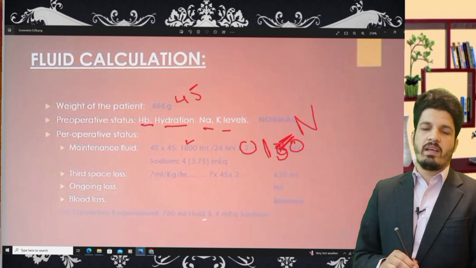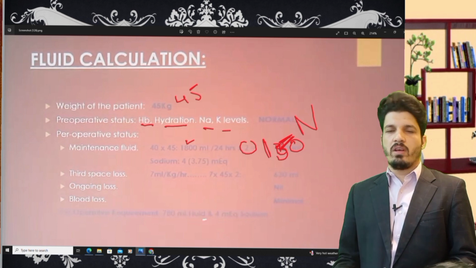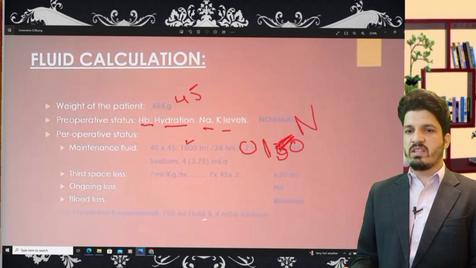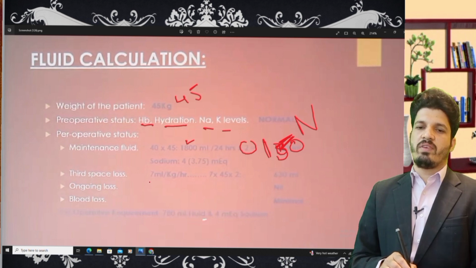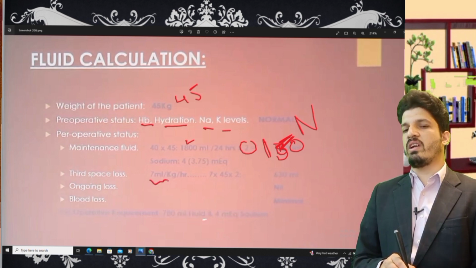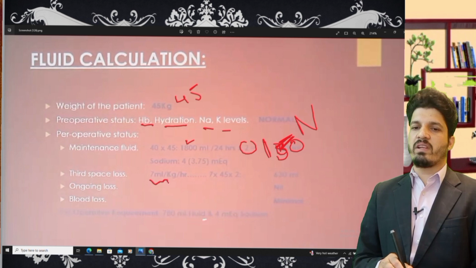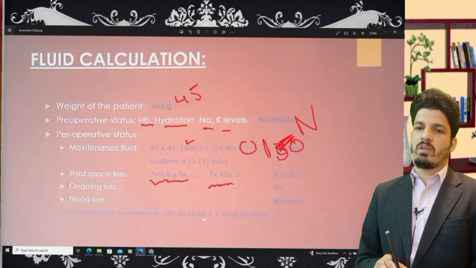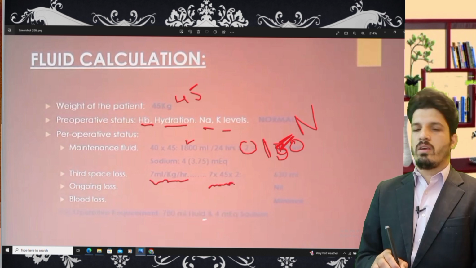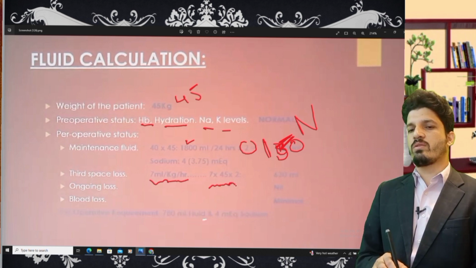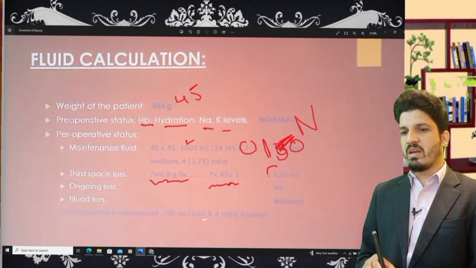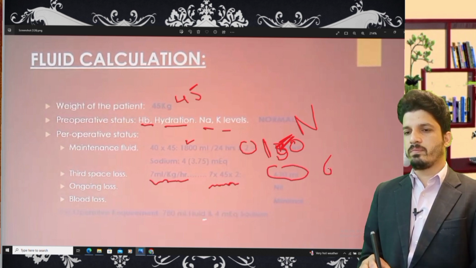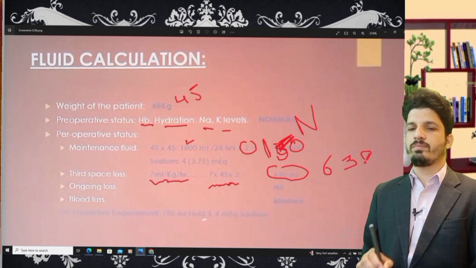And for third space loss, we are considering it as a moderate incision, and in the previous section we have studied that for a moderate incision it's 3 to 7, so we are taking the value 7 ml per kg per hour, and we will multiply it with the weight of the patient, and as we require it for 2 hours, we will again multiply it by 2, so 630 ml will be there.